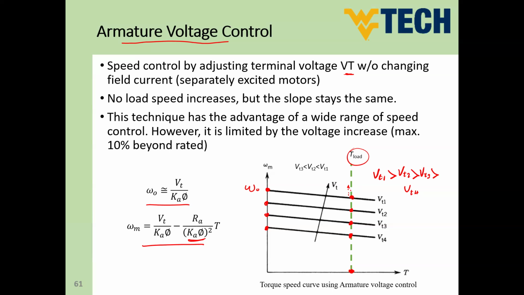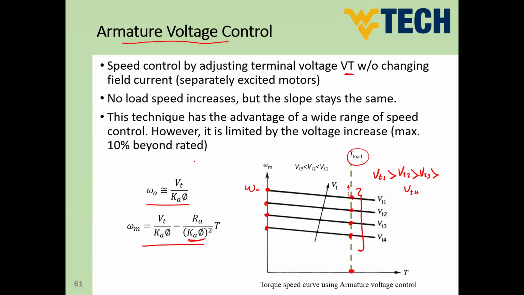So the maximum overvolt is 10%. So the advantage is you have a wide range of speed control. And this is, by the way, one of the important advantages of speed control. However, it is limited by the voltage increase to maximum 10% beyond rated volt.